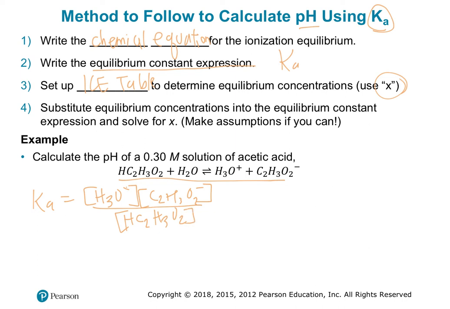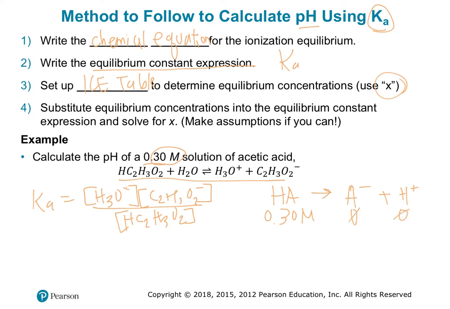So let's set up an ice table now. We're going to have our HA goes to A minus plus hydrogen. So we have a 0.3 molar solution of our acetic acid, so that's what we're starting with. And we don't have any of our ions.